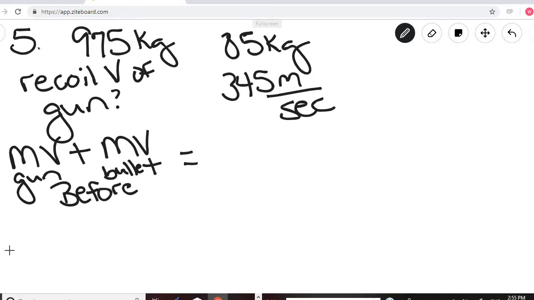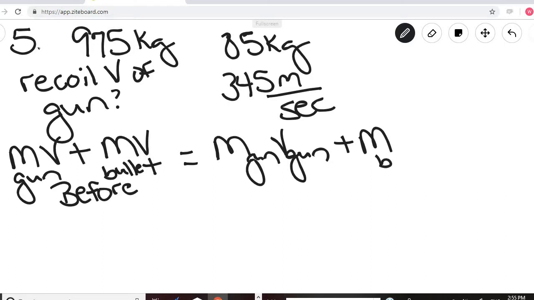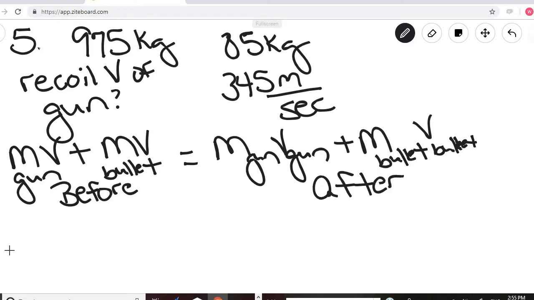That is going to equal the mass of the gun times velocity of the gun plus the mass of the bullet times the velocity of the bullet after. Okay, so before the bullet leaves the gun, both the gun and the bullet are at zero velocity. Therefore, momentum in the before condition is zero.